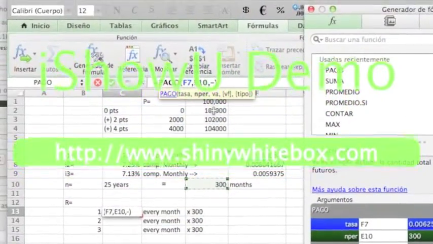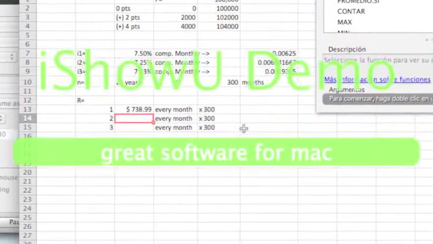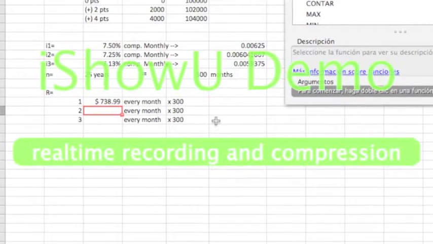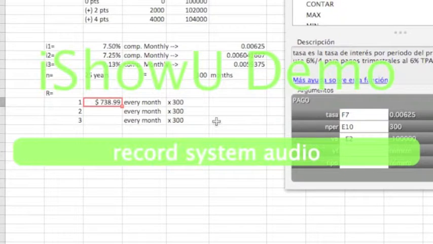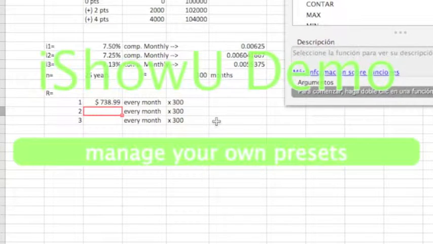So we enter the data and then we get the result. The image is the example for option 1 and the result is 738.99.